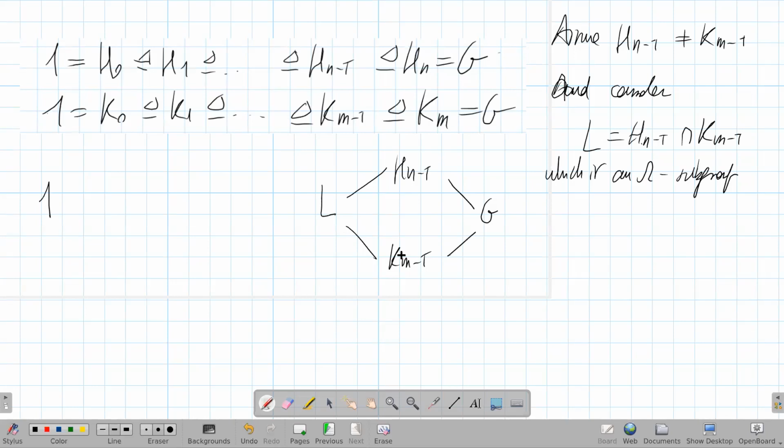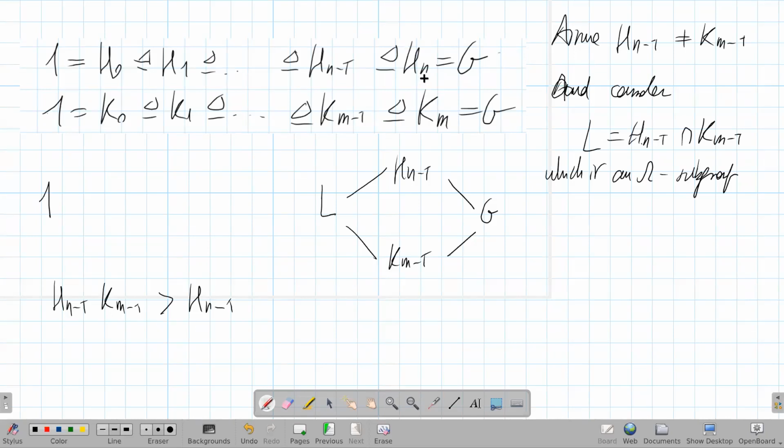First, note that since these two are distinct, H_{n-1} K_{n-1} cannot equal H_{n-1} or K_{n-1}. So this is strictly greater than H_{n-1}, because K_{n-1} is distinct and in particular is not contained here.